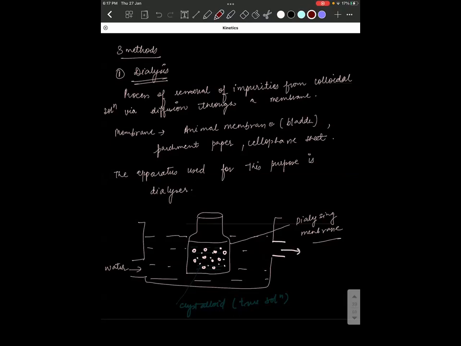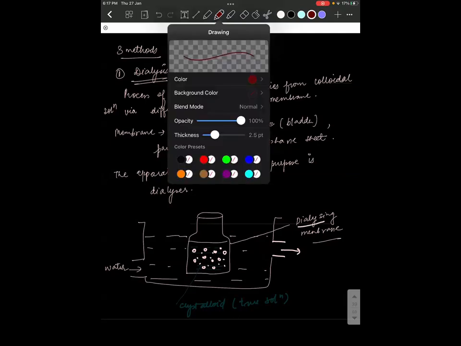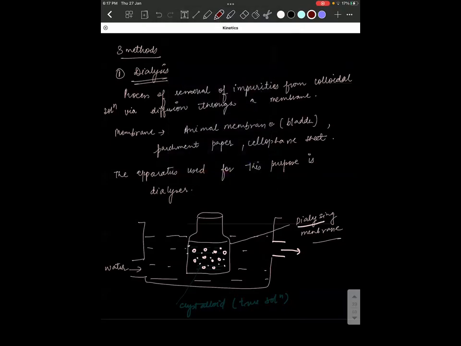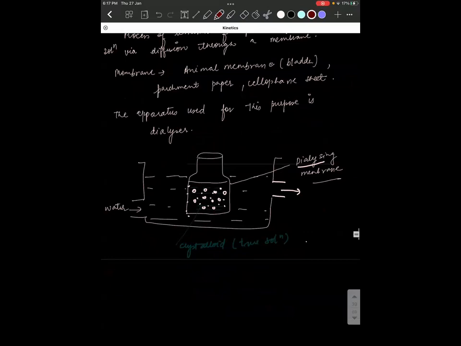This dialyzing membrane has small holes on its membrane part, and the size of these holes is equivalent to the size of true solution particles. The size will be less than 1 nanometer. So if the size of the holes on this dialyzing membrane is equal to true solution particles, then true solution can come out of these holes, right?